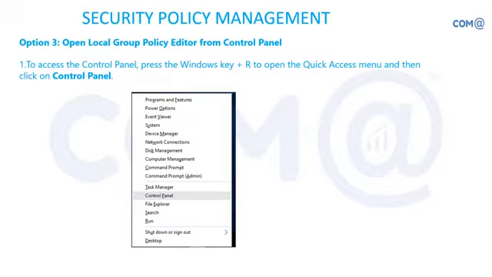The third option is to press Windows key plus R, then open the quick access menu.